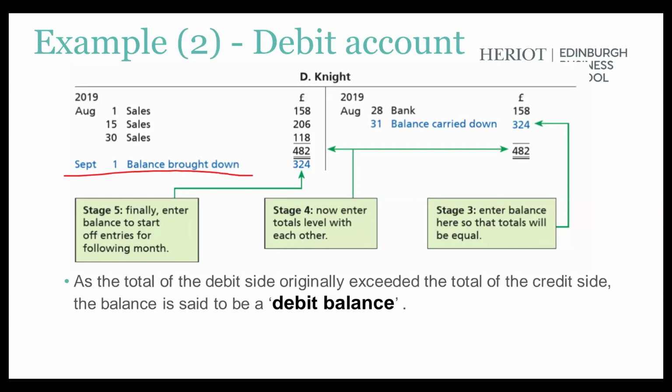They can never sit on the same side. If the balance brought down is on the debit side, you say that the account has a debit balance. But if the balance brought down is on the credit side, you say that the account has a credit balance.